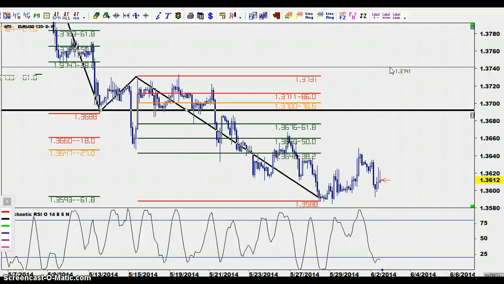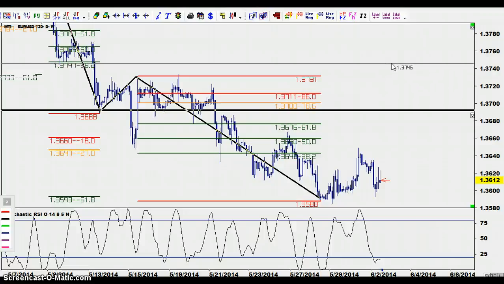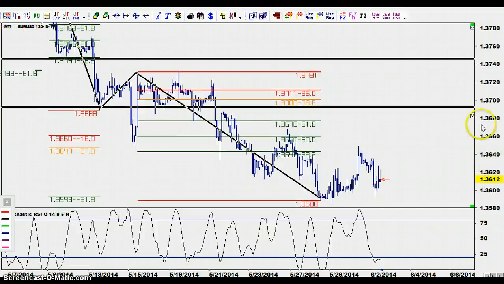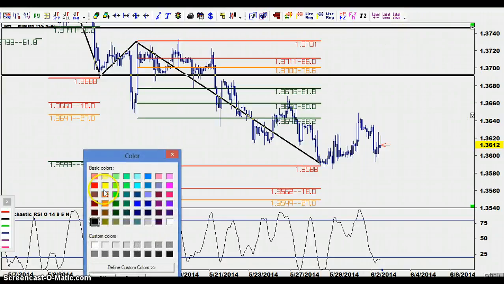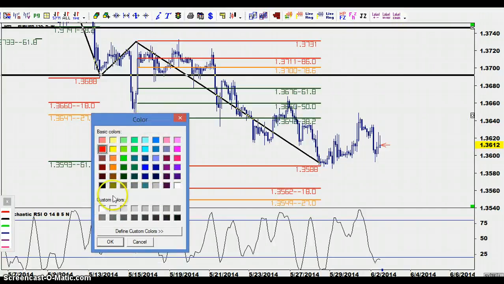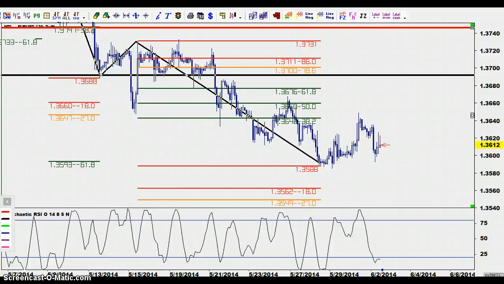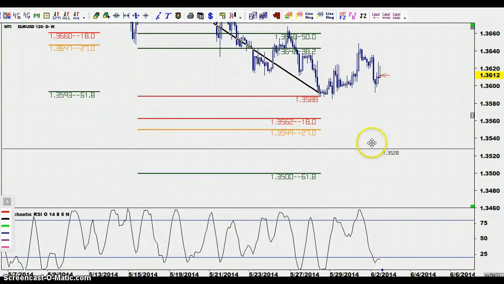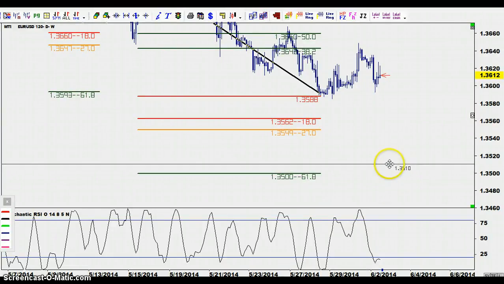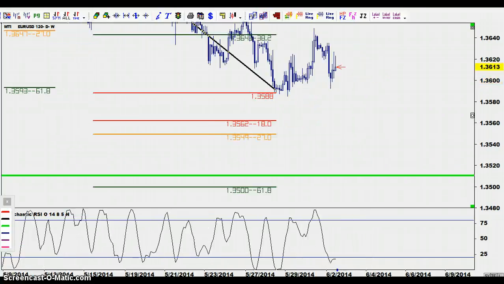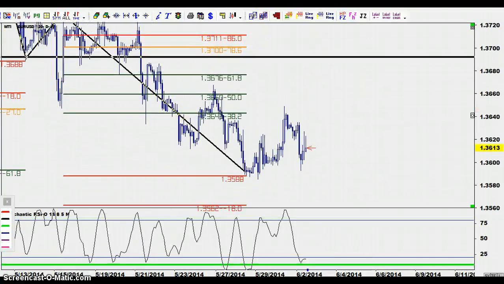Let's try 46. All right. So I put an entry at 786. My stop would be here, and my limit would be at 618, 10 pips before. All right. So this is my trading option right here.